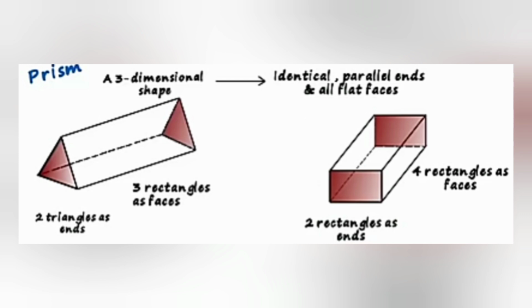Thus it forms a prism. In the first figure, we can see that the polygon connected by the rectangles is a triangle. Thus we can name this prism the triangular prism. While in the second figure, we can see that the polygon connected is a rectangle. Thus, it is a rectangular prism.